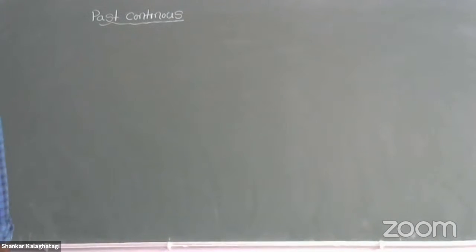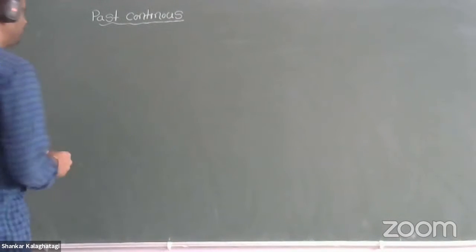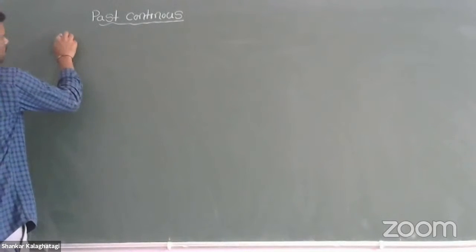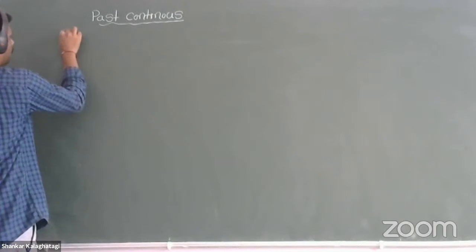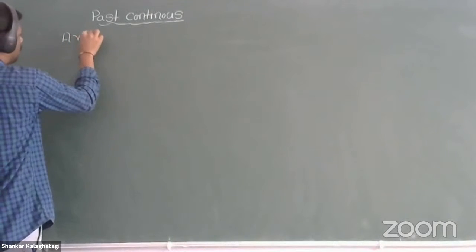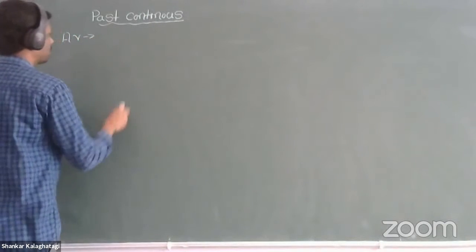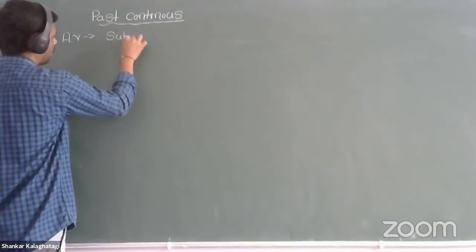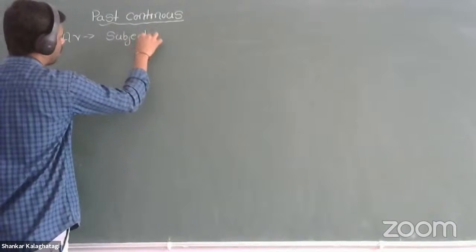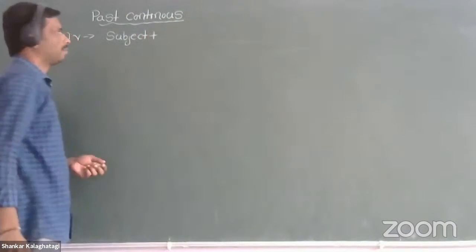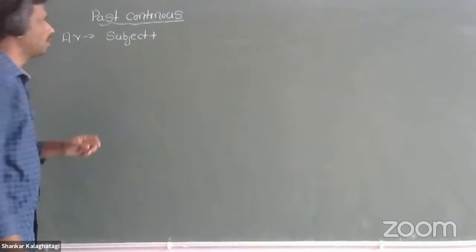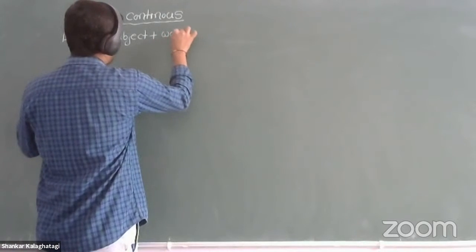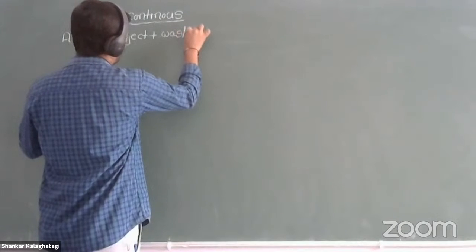Okay. So past continuous. Now what is the structure of past continuous? Past continuous starts with subject, plus the helping verbs was or were.